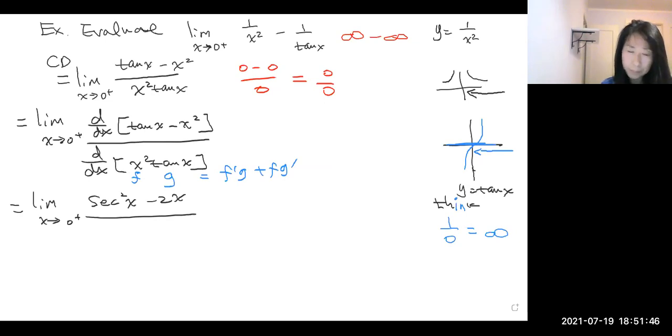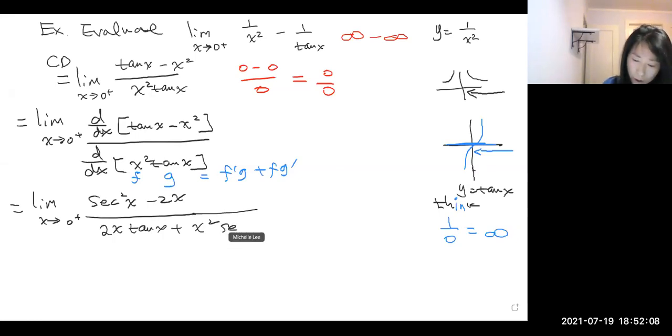F prime is 2x, times g, tan 10x, plus f, x squared, times g prime. What do you get for g prime? Secant squared x. Very good. Now, secant squared x is the same as 1 over cosine squared, right?